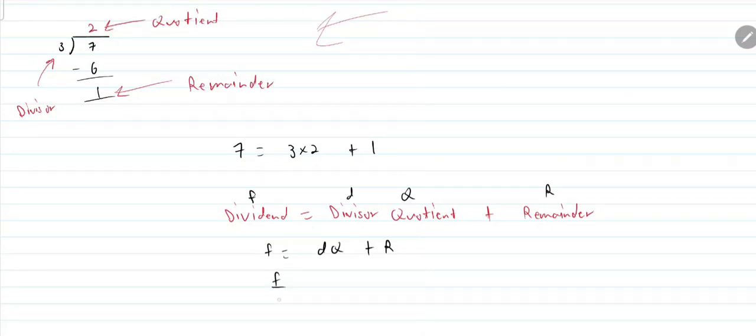I'll have F over d equal to dQ over d, and the d's can cancel, plus R over d. So effectively, F over d is equal to Q plus R over d.